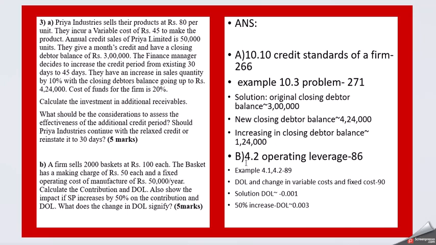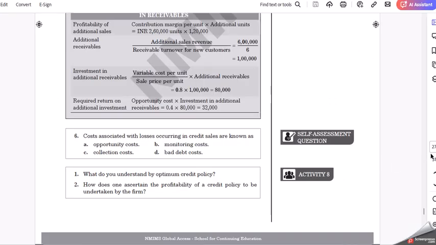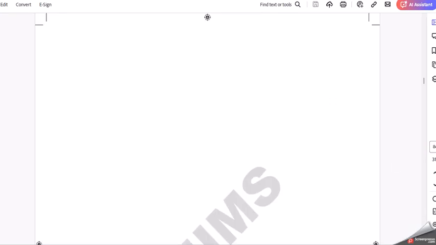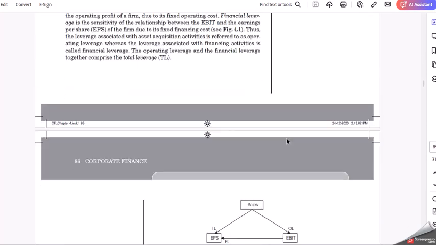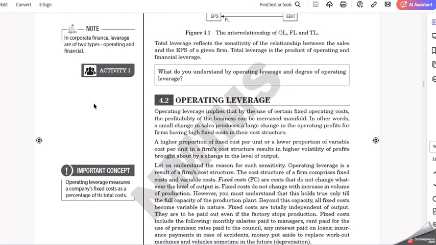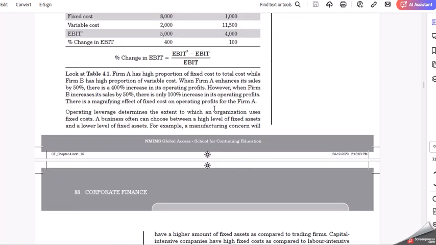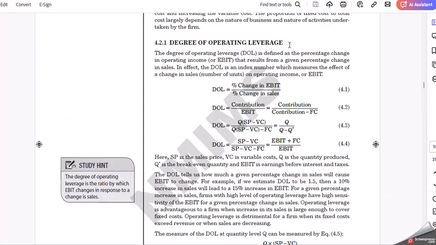Then going to problem B, 4.2 operating leverage on page number 86. Introduction, operating leverage. Here comes the DOL, degree of operating leverage.